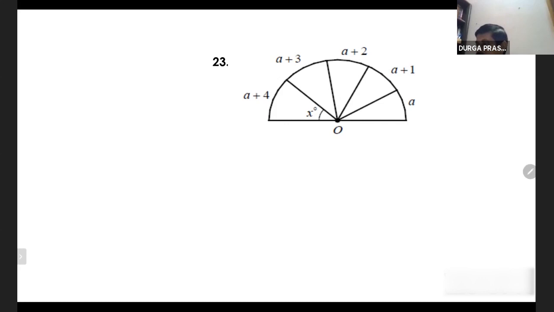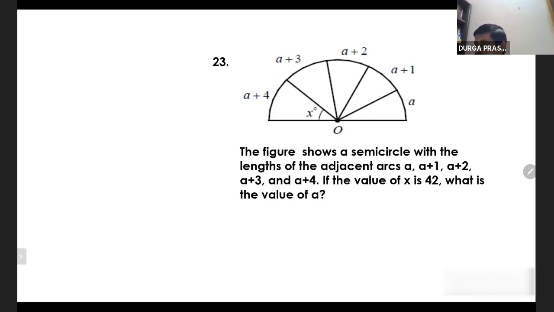He is asking you to find out the value of A. If this is arc length L, this is arc length L, and its angle is x degrees, what should I do? This x is a part of this 180 degrees. That means x degrees is for a plus 4. Similarly, there should be some degrees for a plus 3, some degrees for a plus 2, some degrees for a plus 1, and some degrees for a.